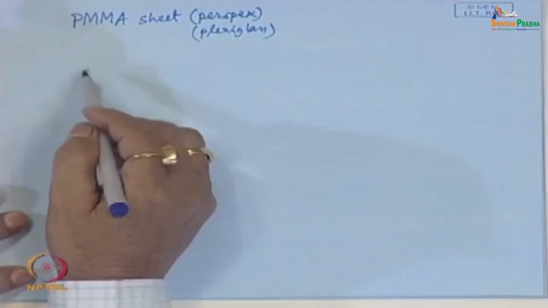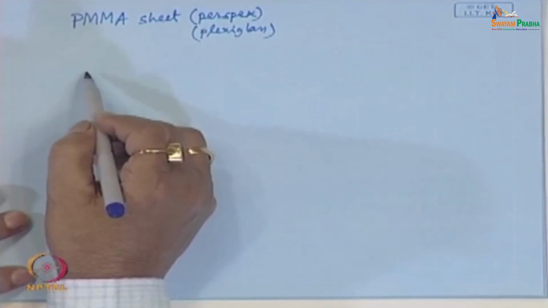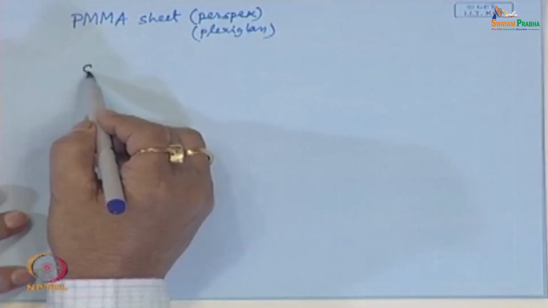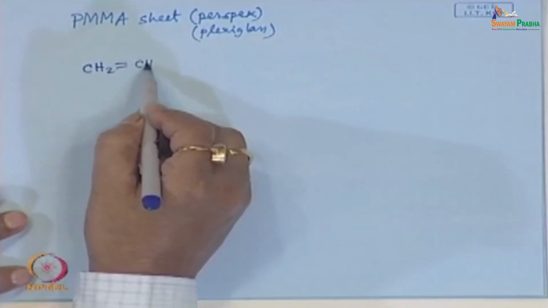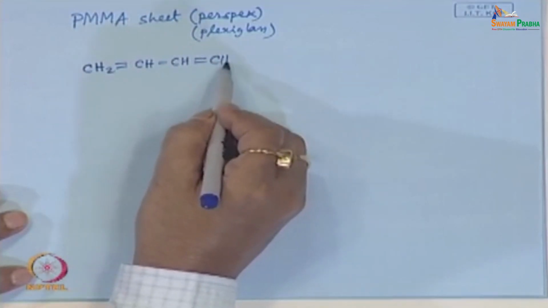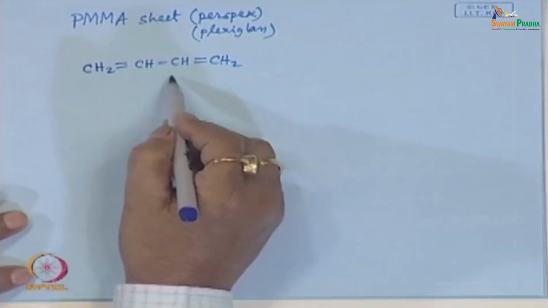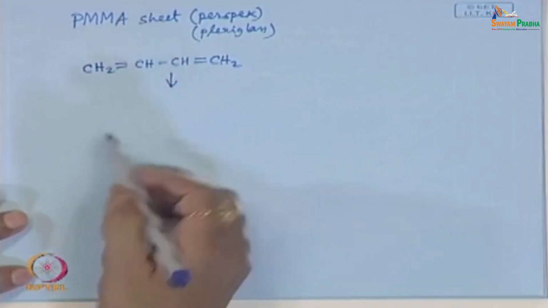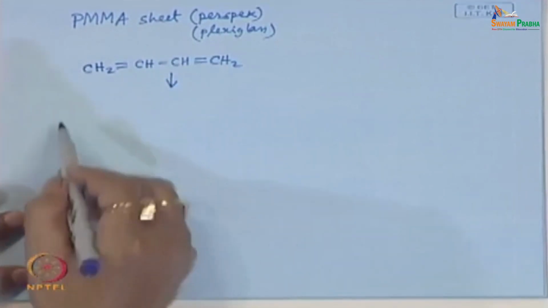Think of, I am telling you in one example, say butadiene. It can show various possibilities.